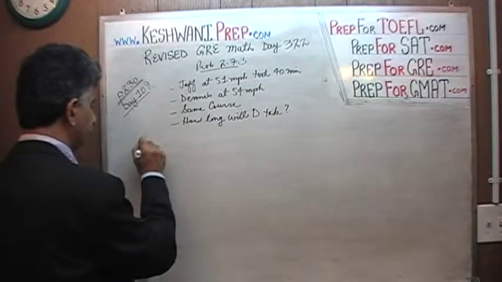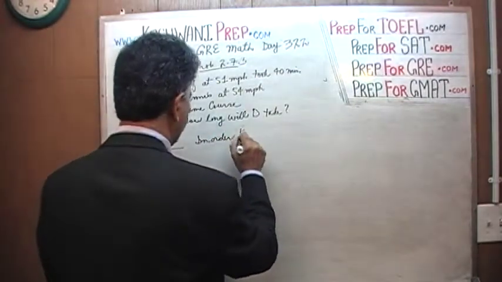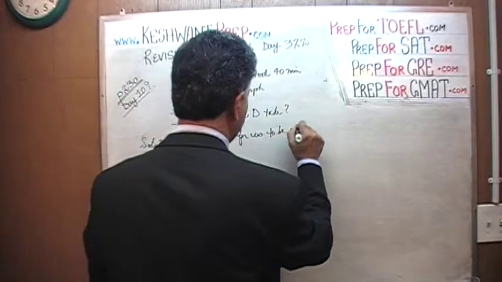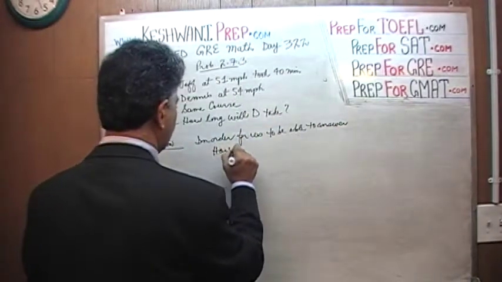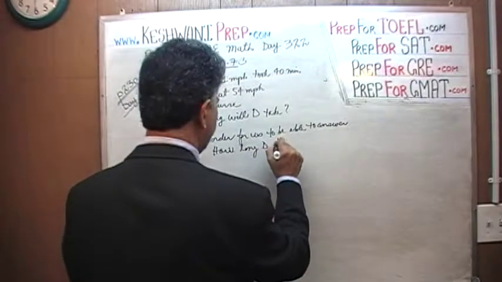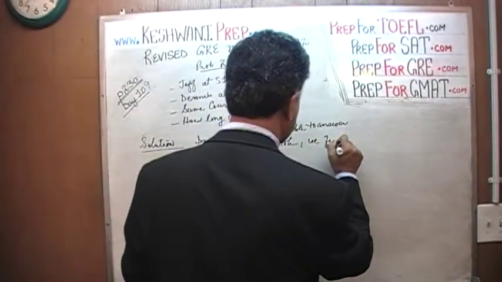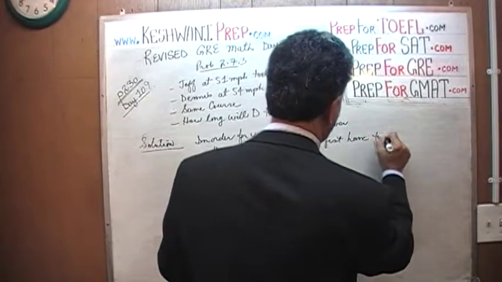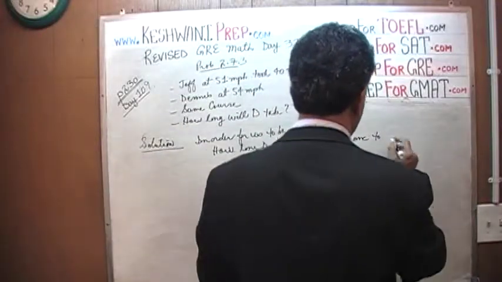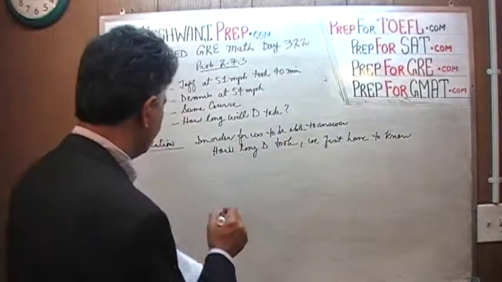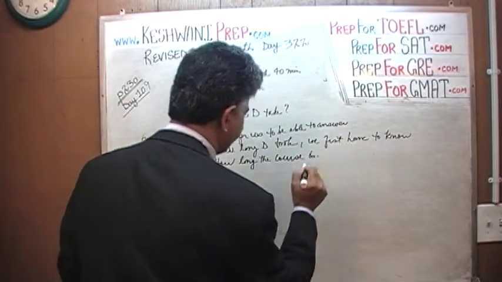So here's the solution. In order for us to be able to answer how long D took, how long Dennis took, we first have to know how long the course is.